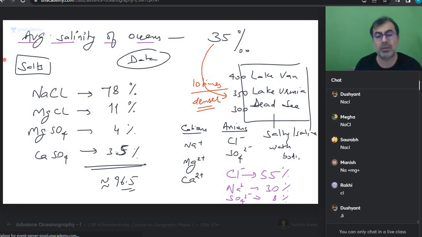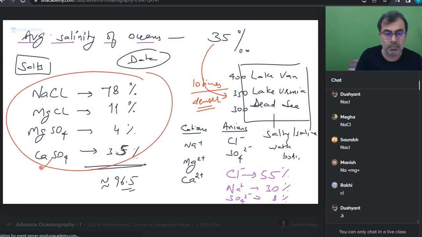One more interesting thing. Remember we were talking about the atmosphere, and we were talking about the troposphere. And we said dry air mix. What is the meaning of dry air mix? More or less, the air composition remains the same across the troposphere. It has been seen that it is more or less constant across the world. Definitely spatial variations will be there.